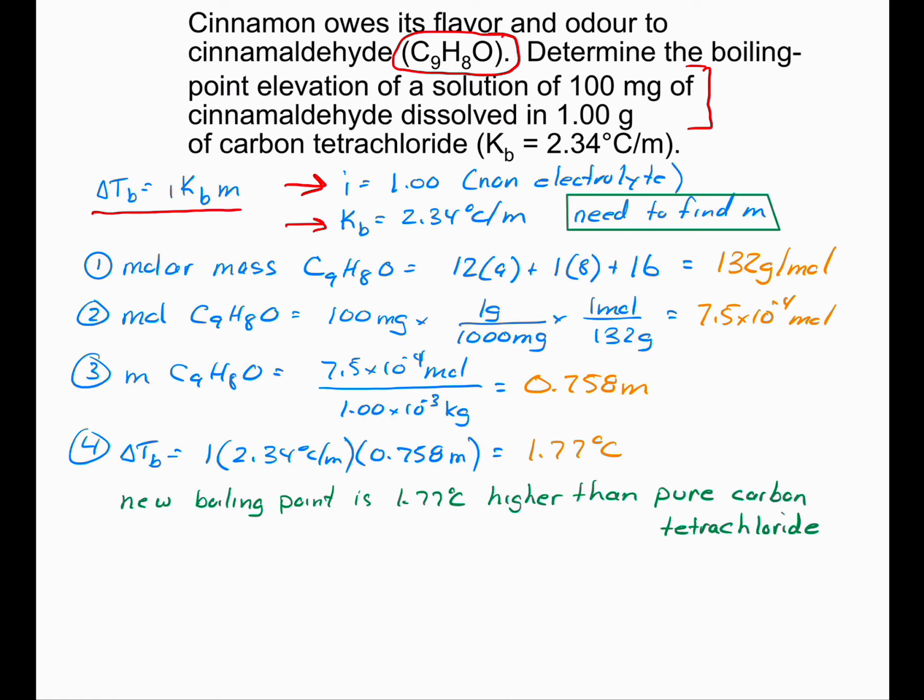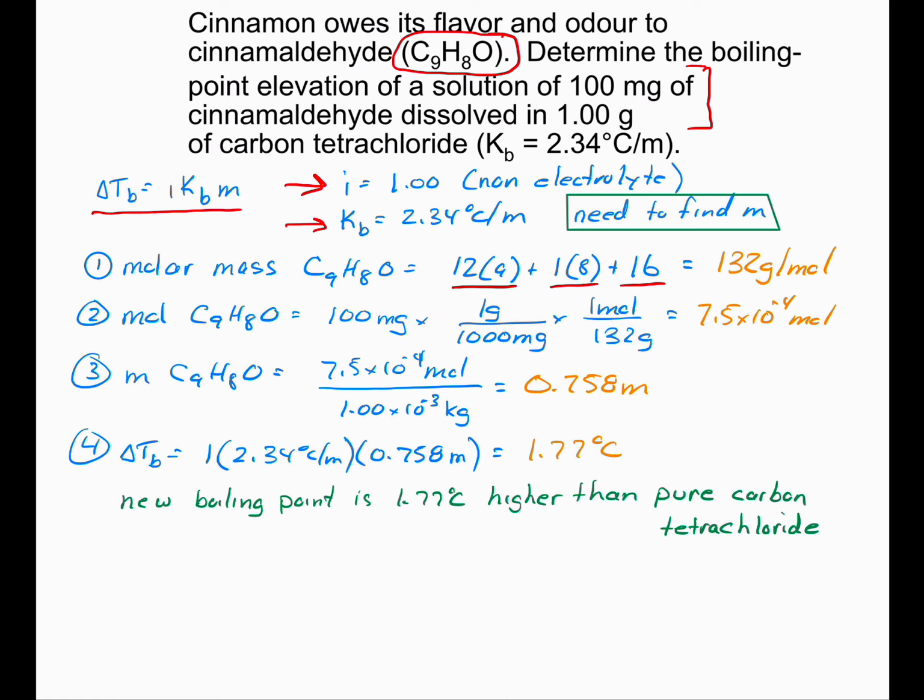The first thing we need is the molar mass of cinnamaldehyde, C9H8O. We have 9 carbons, about 12 grams per mole each, 8 hydrogens, about 1 gram per mole each, and 1 oxygen, about 16 grams per mole. So our total molar mass is about 132 grams per mole.